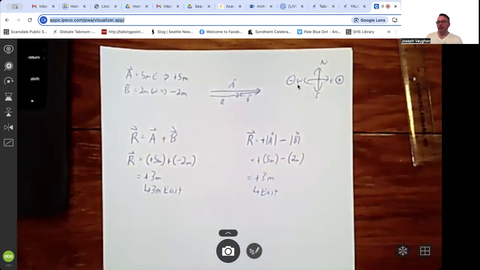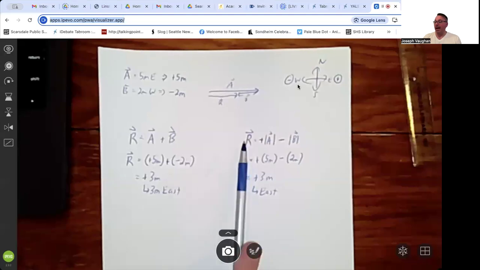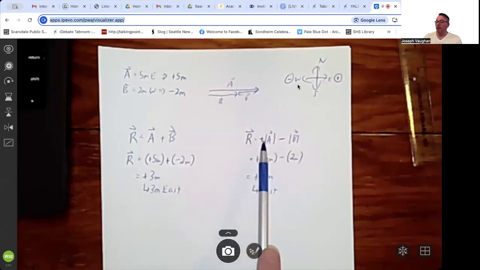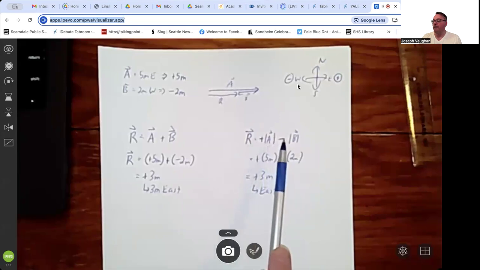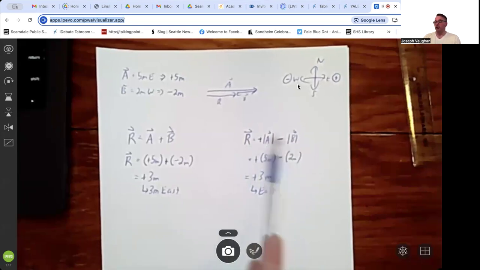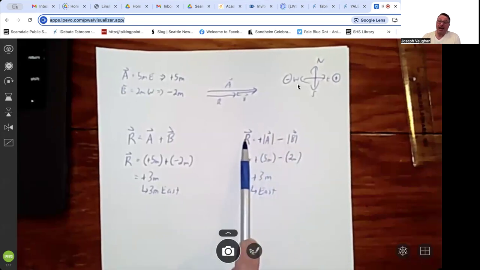Now notice, there's something people mess up in this methodology. This is not the magnitude of R, because it is composed of positive the magnitude of A minus the magnitude of B. So this vector R has directionality as an endpoint, all right?